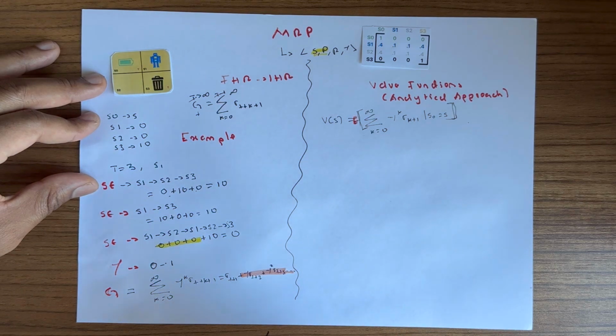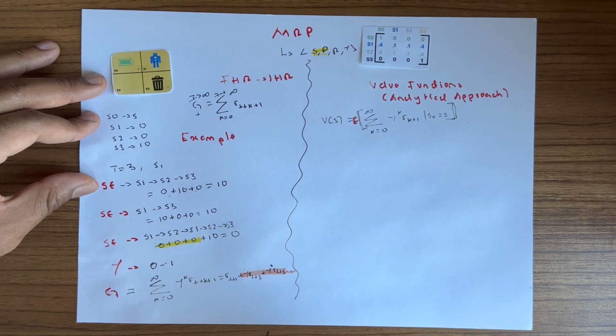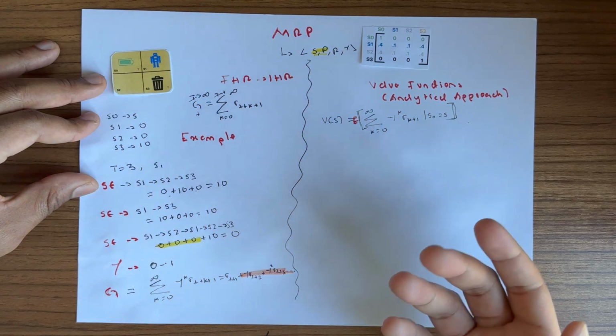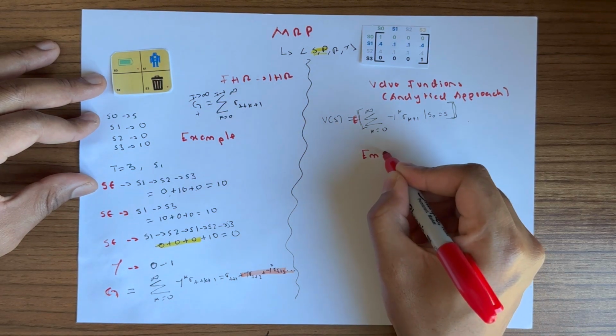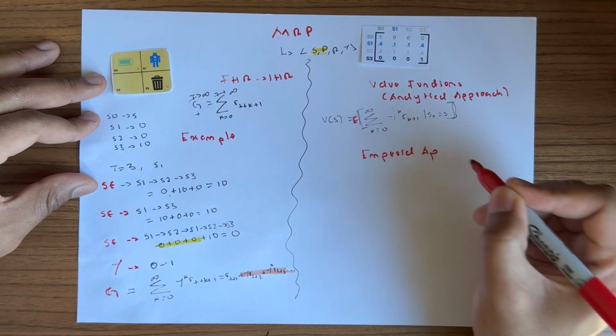However, I'm going to show you another way to get the value of a particular state using an empirical approach, using sampling.